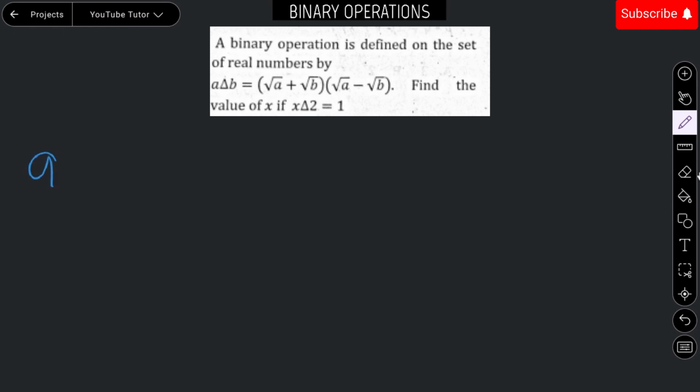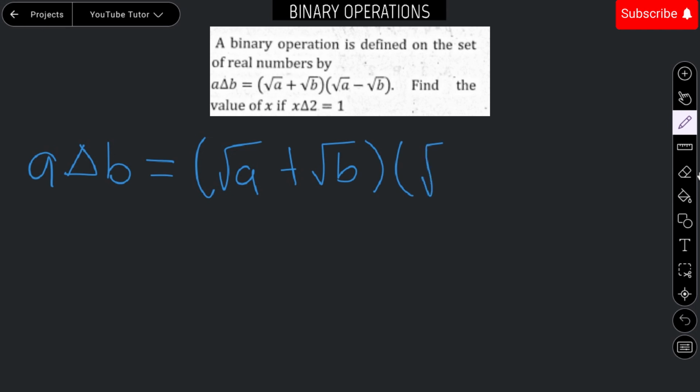A triangle B being equal to, we have parenthesis root of A plus root of B. Then we have root of A once again minus root of B. And they said we should find x if x triangle 2 is equal to 1.